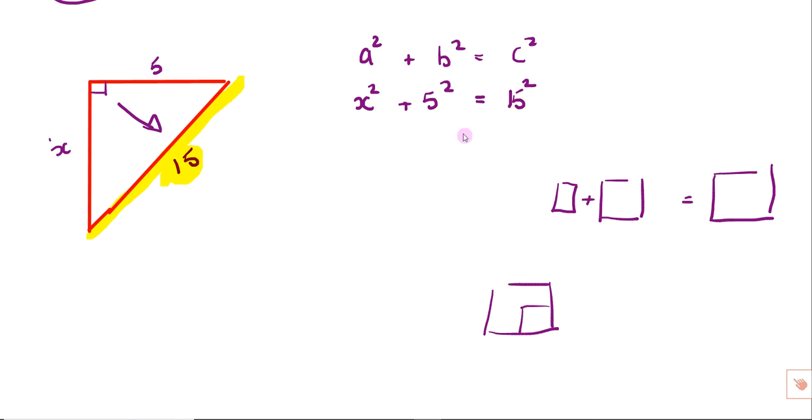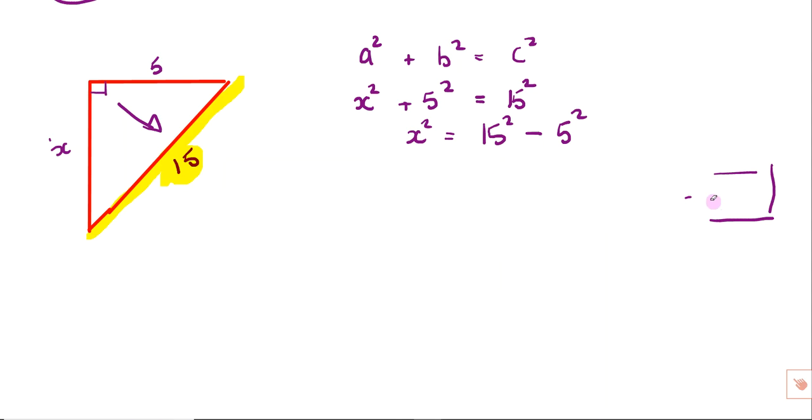So actually what I do is subtract the 5 squared. So x squared is 15 squared, subtract the 5 squared. Okay? So this is where the whole understanding that Pythagoras' theorem is all about the sizes of the squares adding up to make the big one. So if I know the big one, I need to subtract one of the little ones to leave me with the other little one, yeah?